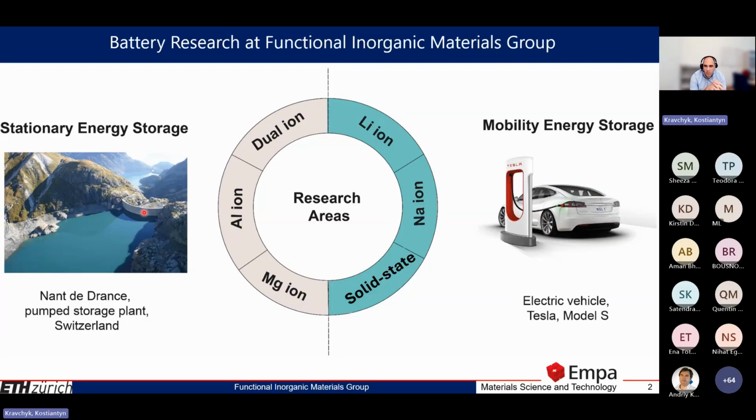In addition to solid-state batteries, we are indeed working on other types of batteries: lithium-ion, sodium-ion, multivalent-ion batteries, as well as dual-ion batteries. If anybody is interested in these directions, please let me know.